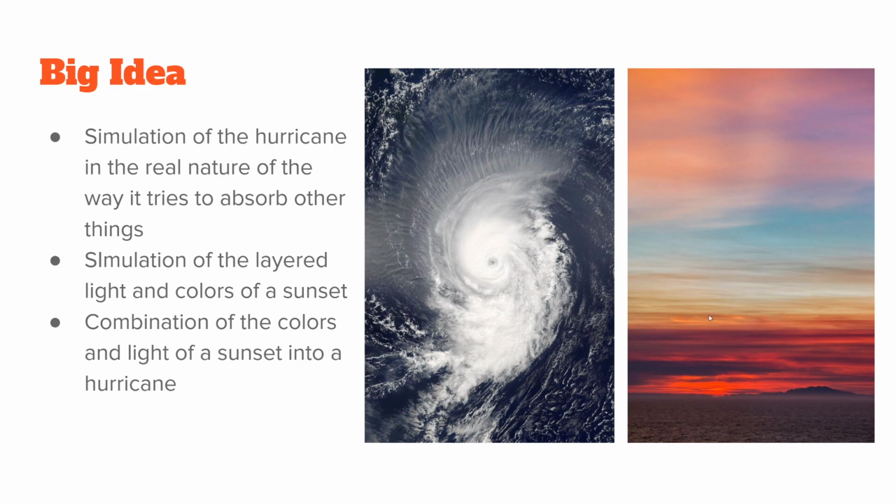I wanted to combine this kind of color with the hurricane, because in most cases the hurricanes we see are white or dark gray, since they are generated from clouds, and in most cases you cannot see the sun in the weather of a hurricane.